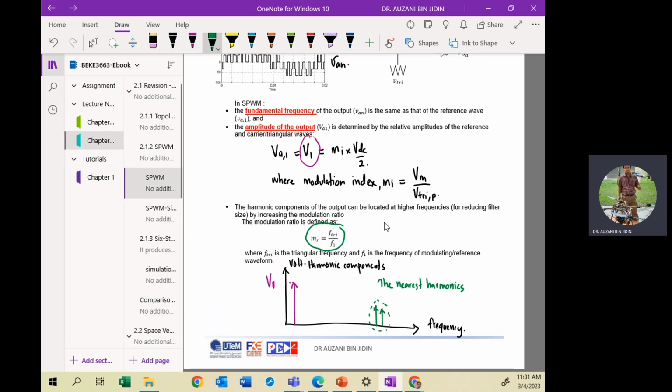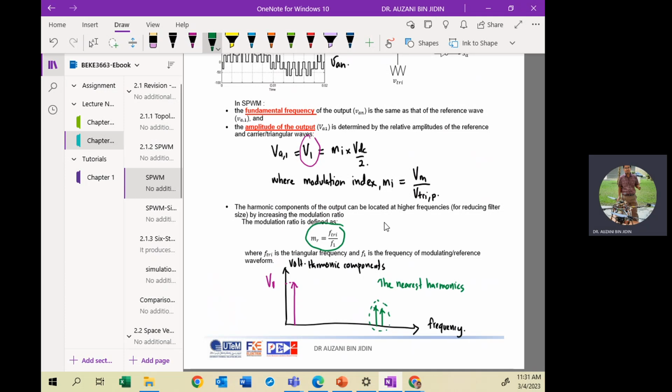Practically we set it at a constant value like 50 Hz, because you want to inject your output waveform into the grid system. The only frequency that you can change is the triangular frequency, FTRI.